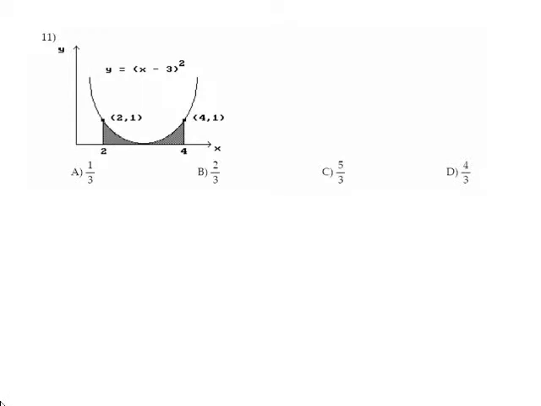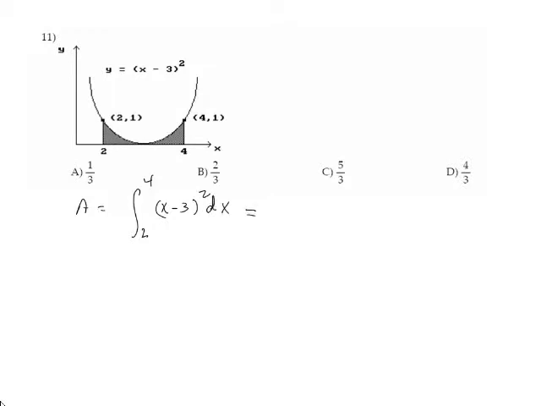Next problem is also one in which we want to find the area under the curve. Notice in this case, the complete curve is more than or equal to 0 everywhere. So the area would be equal to the integral from 2 to 4 of x minus 3 squared dx.